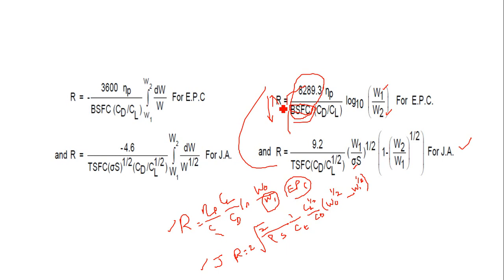So for an aircraft the fuel consumption should be less, and we should design an aircraft in such a way that we can increase the performance. In the same manner for CL by CD, if we can increase the CL, the range will also increase, since range is directly proportional to it.